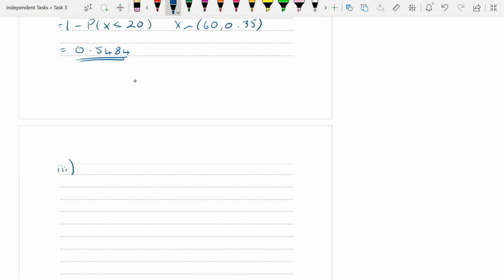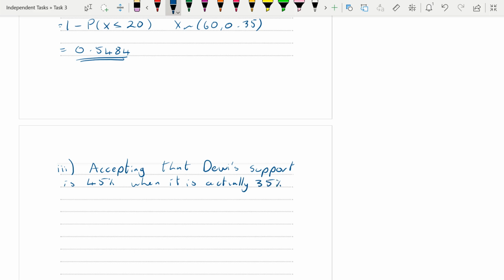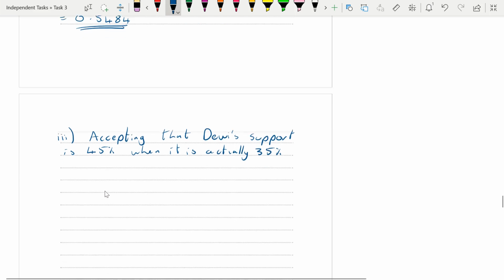So a type 2 error in this context is accepting that Dewi's support is 45%, when actually it is 35%. So that's me doing the test and going, okay, insufficient evidence to reject H0, so I keep it as 45, when actually I shouldn't have, and I should have gone, no, I reject it.